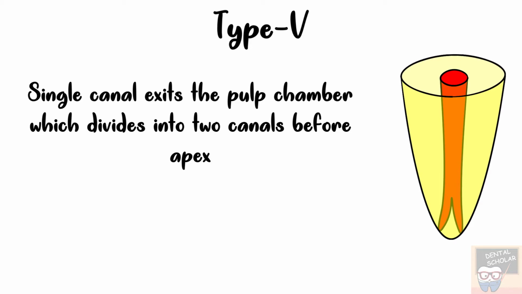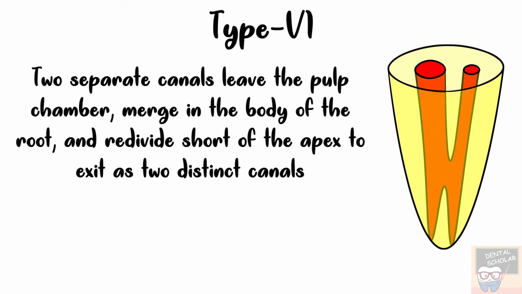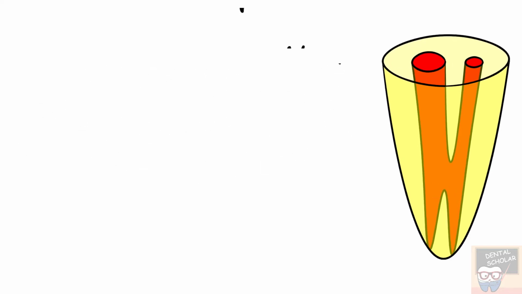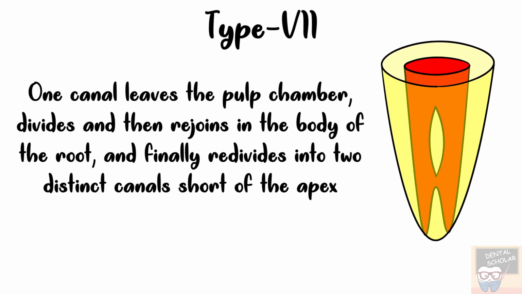And in type 5, a single canal exits the pulp chamber, which divides into two canals before the apex, just like Wien's type 4. In type 6, two separate canals leave the pulp chamber, they merge in the body of the root and they redivide short of the apex to exit as two distinct canals. In type 7, one canal leaves the pulp chamber, it divides and then rejoins in the body of the root and it finally redivides into two distinct canals short of the apex.